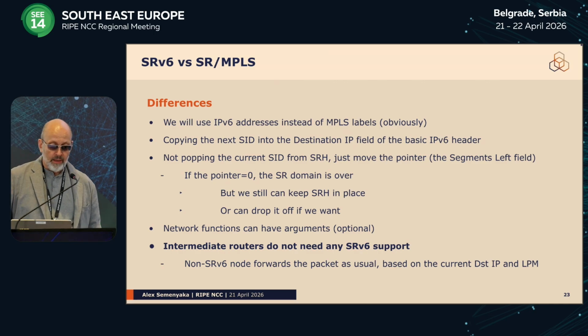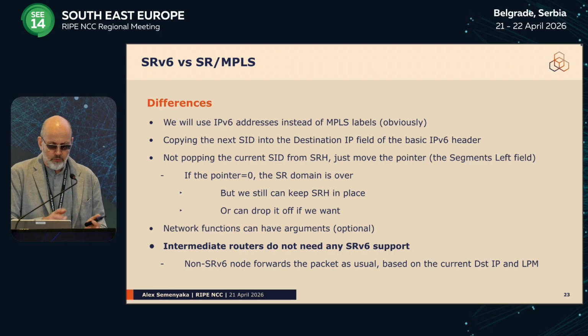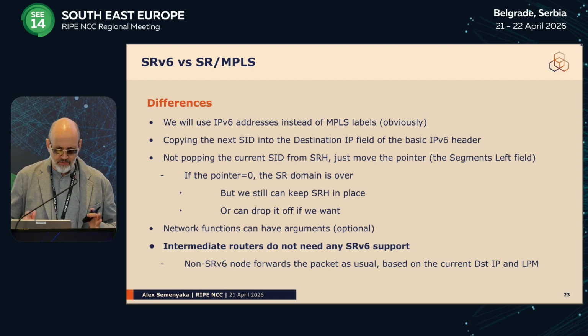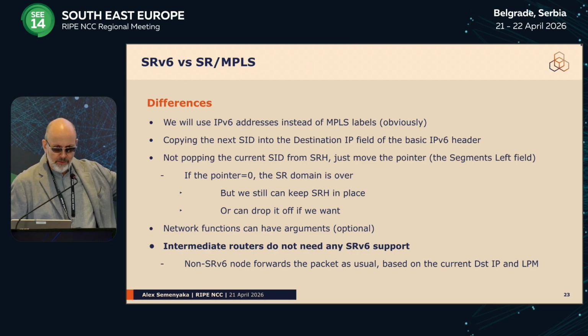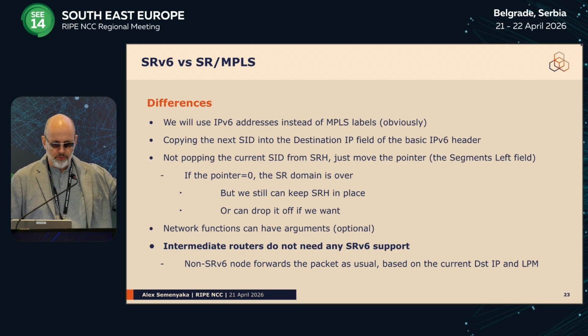So it means that if we have in our networks the usual traditional IPv6 devices, they will deal with this packet completely correctly. It will be passed to the proper node.